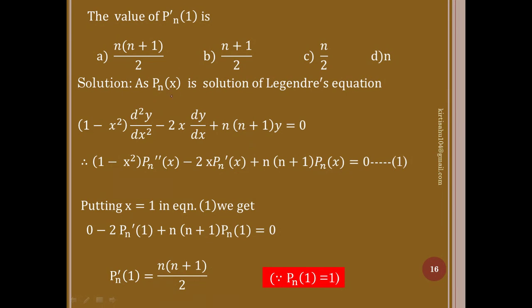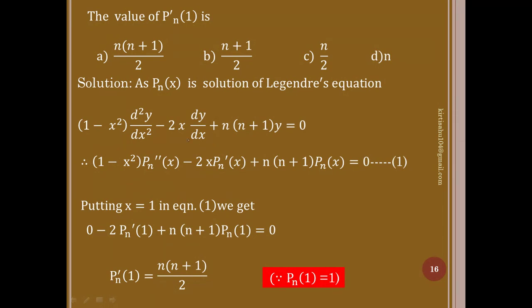Now what do we mean by solution? Solution means if I put it in place of y, this will get satisfied and I will get 0, right? So in place of y, I will write Pn of x. So y double dash will now become Pn double dash, y dash will become Pn dash, and y will get replaced by Pn of x. This is what we mean by a solution of the equation, in general.